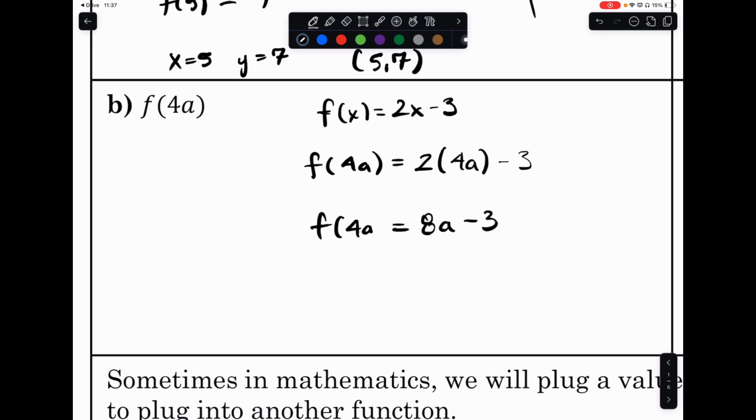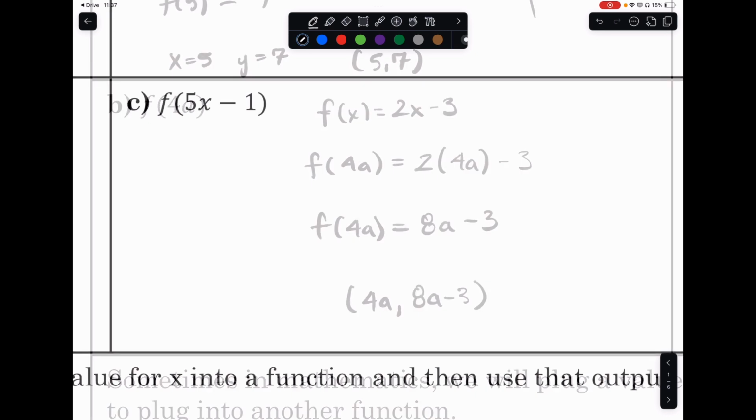So f of 4a equals that, which again, if I had a graph with an x and y value and we had coordinates in terms of a, we would have the coordinate 4a, and the y coordinate would be 8a minus 3. So that would be the coordinate of this point.